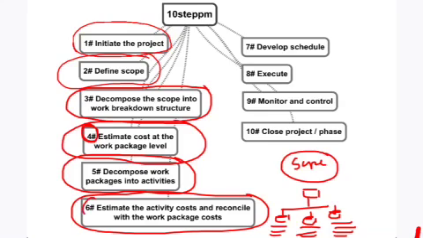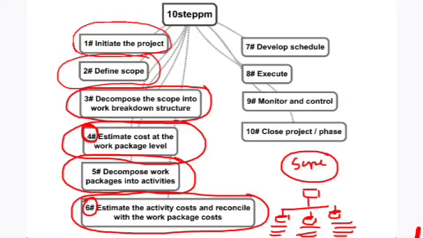In step 6, estimates are compared, and if there is a major difference, we should address it. Most probably, the estimates done at the activity level will be more accurate than the estimates at the work package level. So if a revision of the work package level estimates is required, that must be done with the consent of the sponsor.